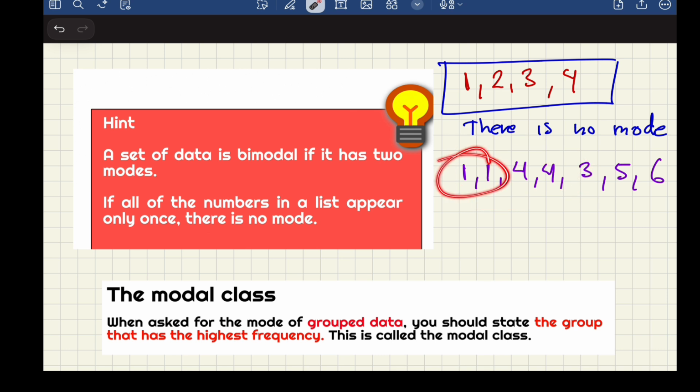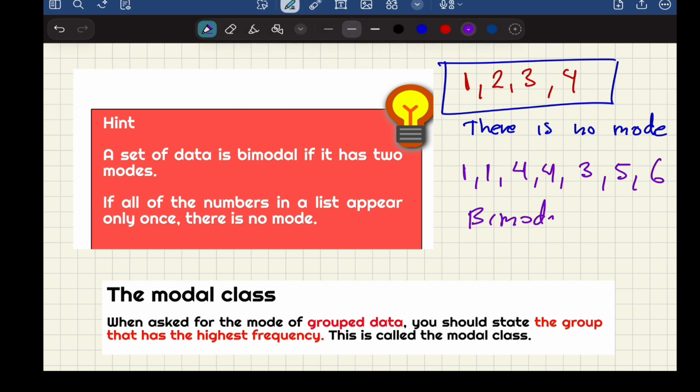The number 1 and the number 4 are repeated 2 times each. So here we can say that this is bimodal. Bimodal means in this set we have 2 modes. So we have to say the mode is going to be 1 and 4, and this is bimodal. That's it.